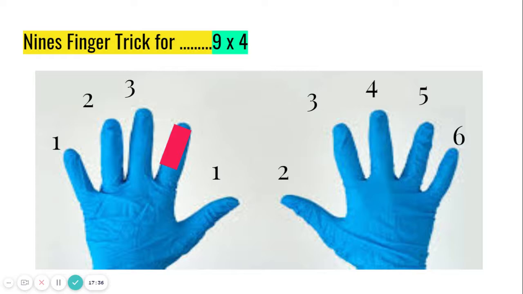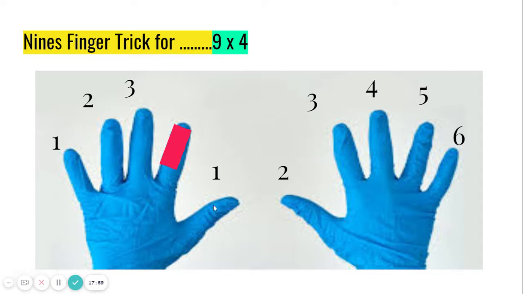All right, let's get a next one. Are we kind of starting to catch on? This time we're going to do 9 times 4. Ready? 1, 2, 3, 4. So everyone tuck under your pointer finger. That's your pointer finger. Tuck it under. Now, how many fingers are on this side? Ready? 1, 2, 3.